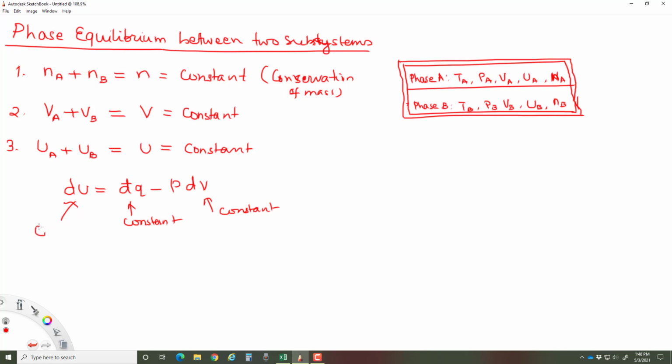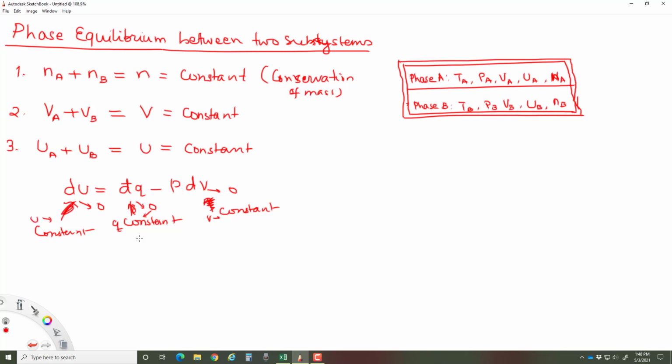Or I should say this dQ is 0. There's no heat entering or leaving the system, so that means Q is constant, and dV is 0. There's no change in volume, that means V is constant, and dU would also then be 0 because these two are 0, so that means U is constant.